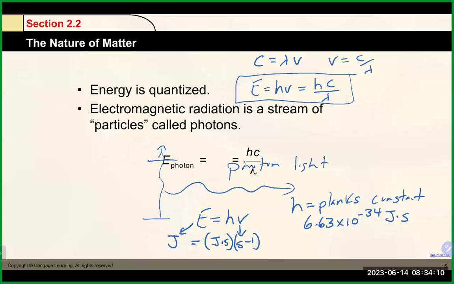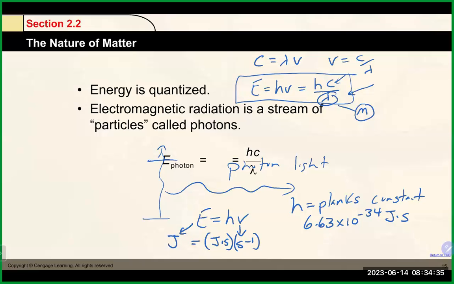So h again being Planck's constant, c being the speed of light, divided by the wavelength. So just knowing one of those two things about the wave, either the frequency or the wavelength, will allow you to calculate the energy associated with that wave. Obviously here using this equation, our wavelength does need to be in meters because the speed of light is in meters per second.